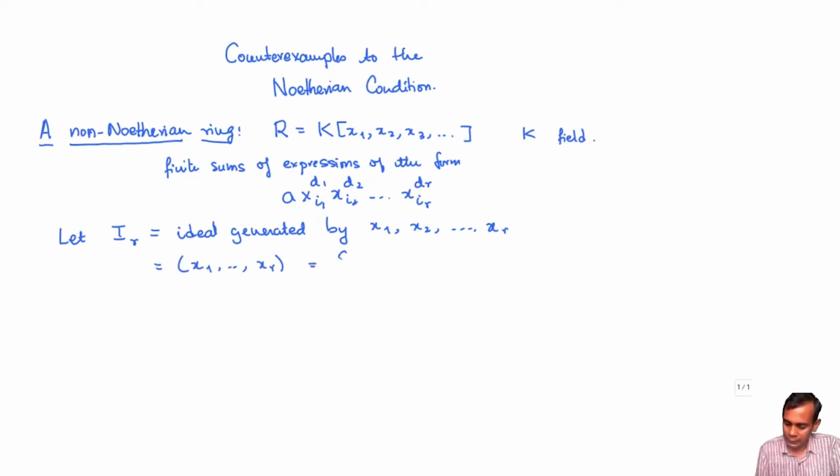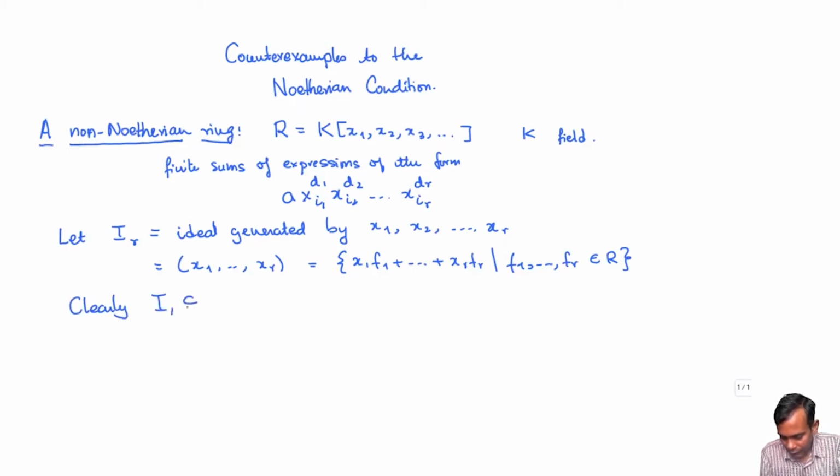It's the set of all elements of R of the form x1 times f1 plus ... plus xr times fr, where f1, f2, ..., fr are arbitrary elements of R. This is the general notion of an ideal generated by a finite set of elements. Clearly these are ideals, and we have I1 strictly contained in I2, which is strictly contained in I3, and so on. So we have a strict ascending chain of ideals showing that R is not a Noetherian ring.